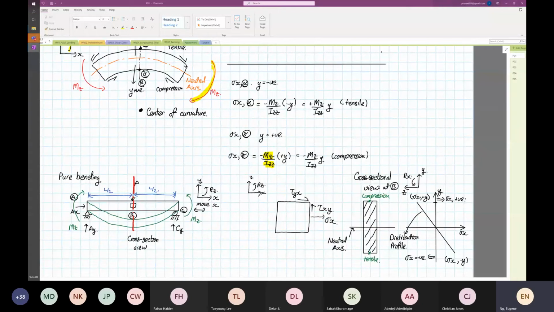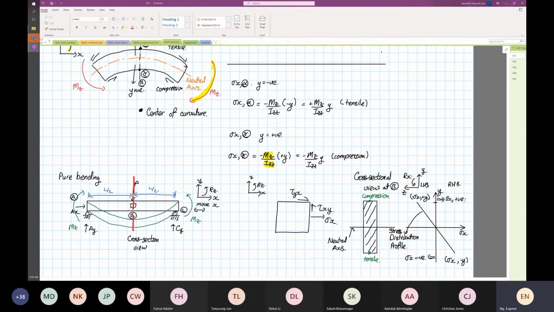What we are sketching down here is known as the stress distribution profile. On the right hand side, the normal stress is in tensile. On the left hand side, the normal stress is in what? Compression.